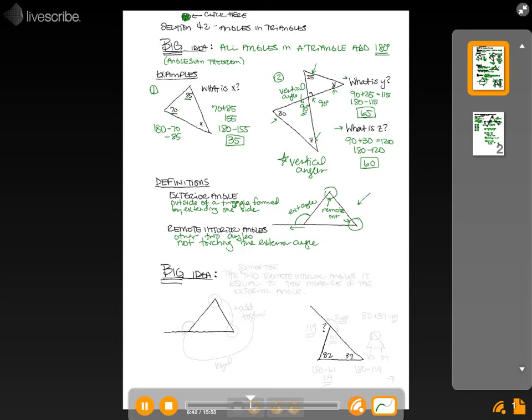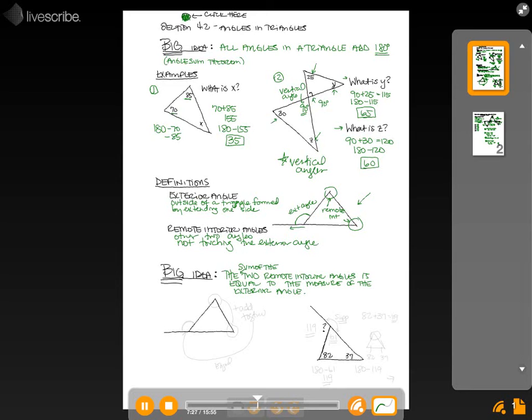It says that the sum of the two remote interior angles is equal to the measure of the exterior angle. Alright, let's talk about what that means.